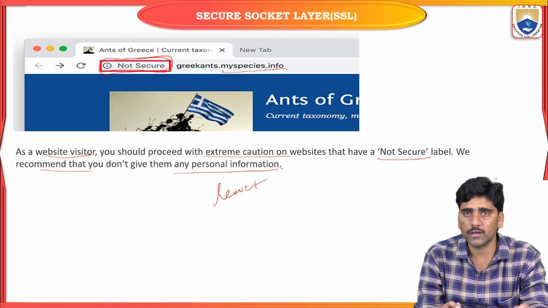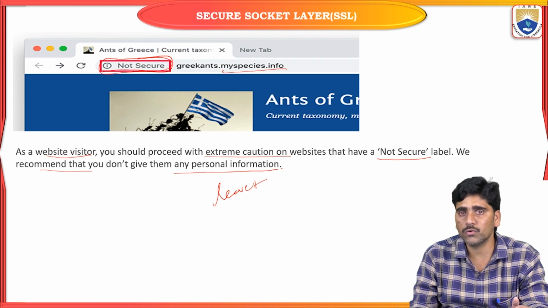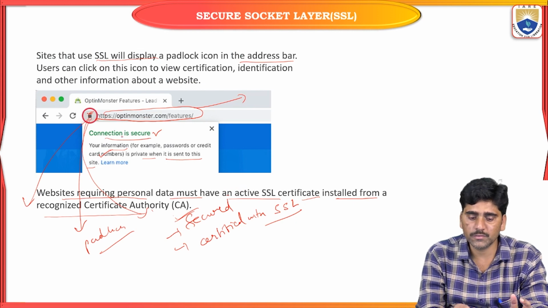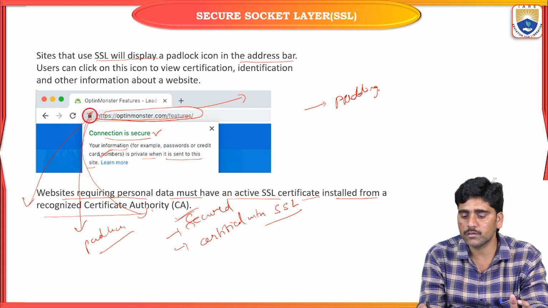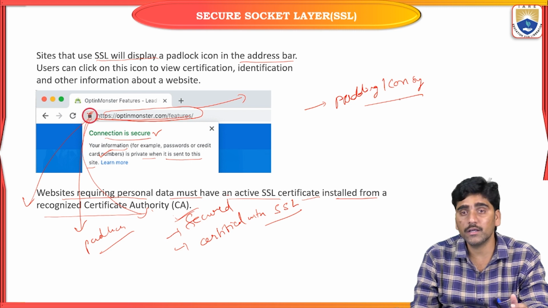Here you can observe that the domain shows not secure, meaning the user cannot fill in the fields because the site is not secure. But here you can observe that the website is secure because of the padlock icon. So now you can enter your details safely.